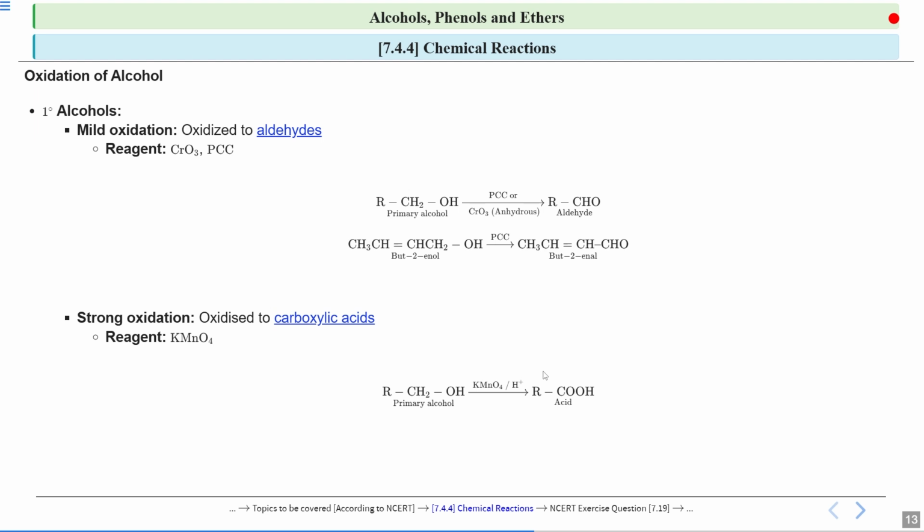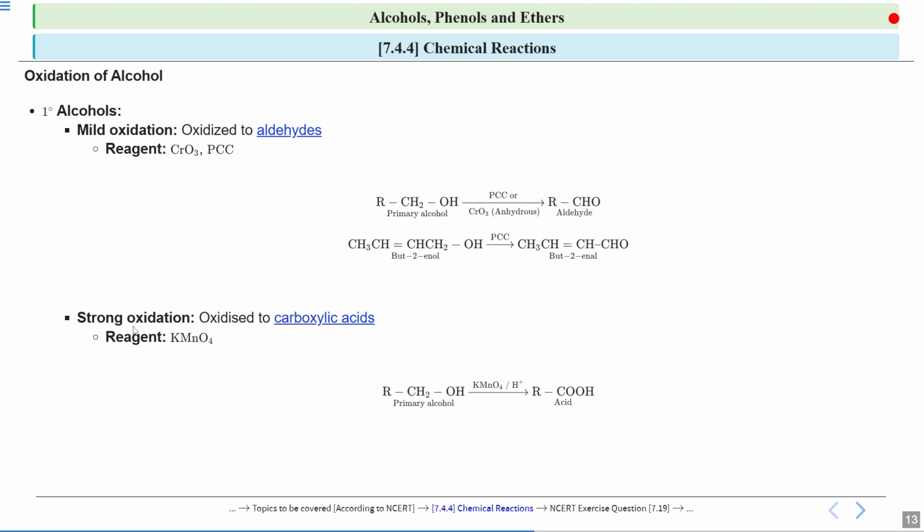So is this clear? Whenever you are using a mild oxidizing agent, it will oxidize your primary alcohols to aldehydes, and the mild oxidizing agents are CrO3 or PCC. But if you are using a strong oxidizing agent like KMnO4, potassium permanganate, it will oxidize your primary alcohol directly to your acid. So this is the difference between a mild and a strong oxidizing agent.